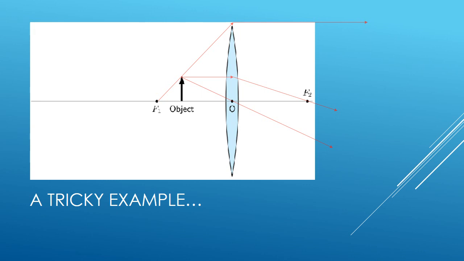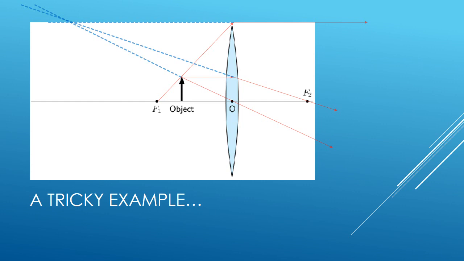So we're sitting here and we're like, wait a minute, no image must be forming. And that's actually correct. What's happening is that no real image is forming. But just like we talked about virtual images, we actually can see a virtual image in this case, just like we could with mirrors. And so the way you figure out where that virtual image will form, you just backtrack all of the lines that you would have drawn on the other side.